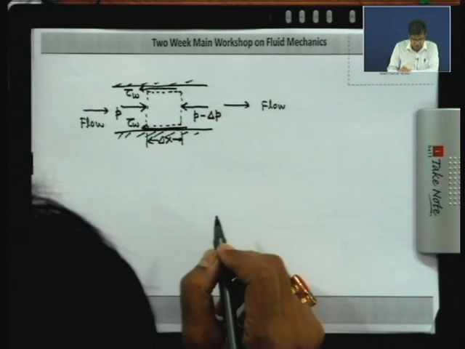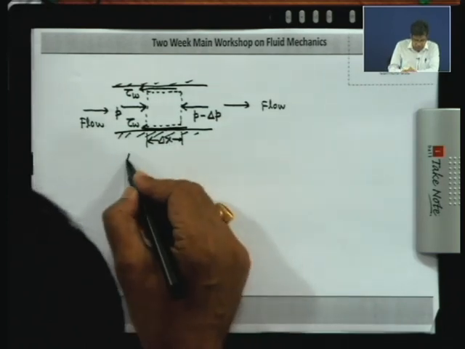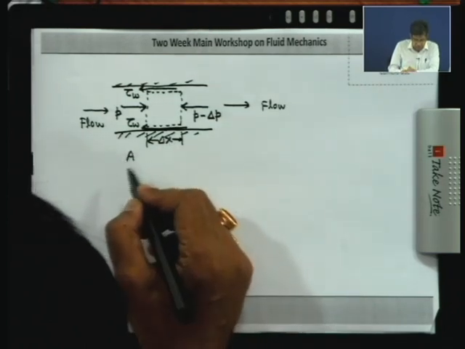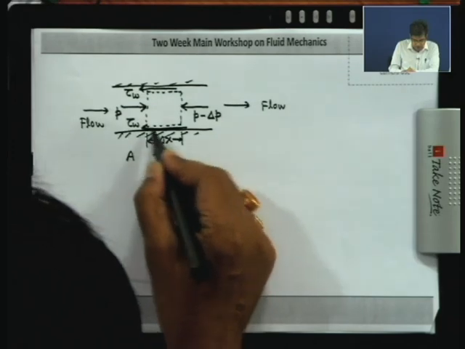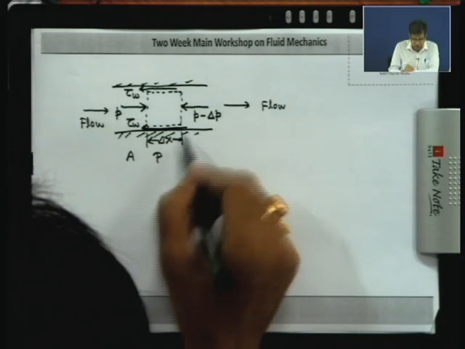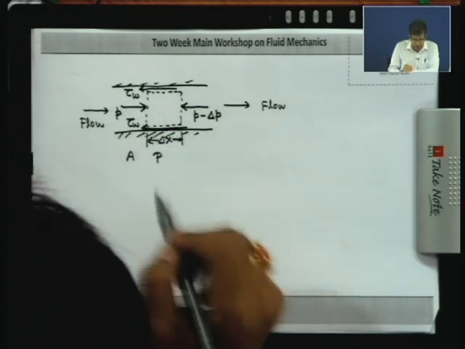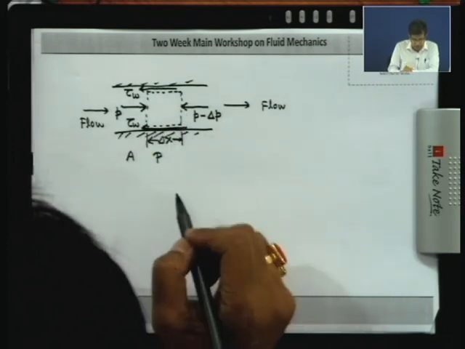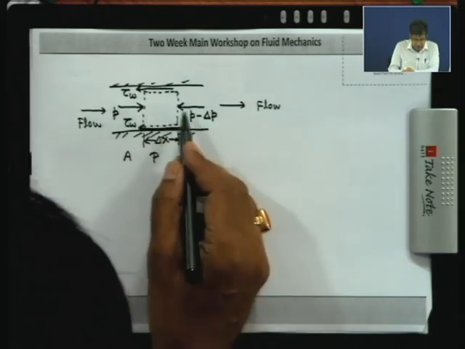Simple approach. If A is the cross sectional area and if we consider P as the wetted perimeter in the flow, it is a representative picture in two dimensions, then we can make a force balance.